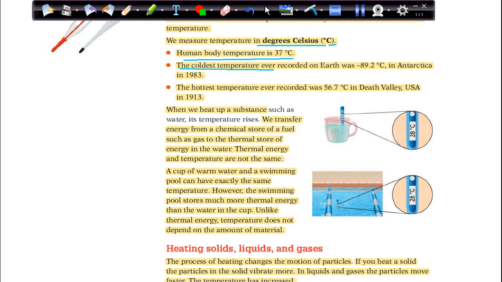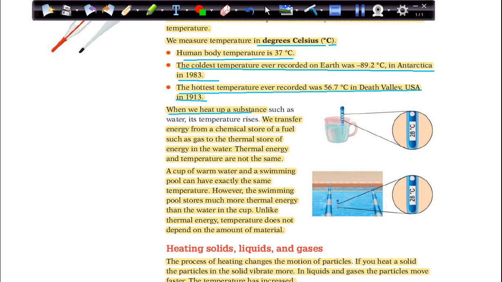The coldest temperature ever recorded on Earth was minus 89.2 Celsius in Antarctica in 1983, and the hottest temperature ever recorded was 56.7 degrees Celsius in Death Valley, USA in 1913.